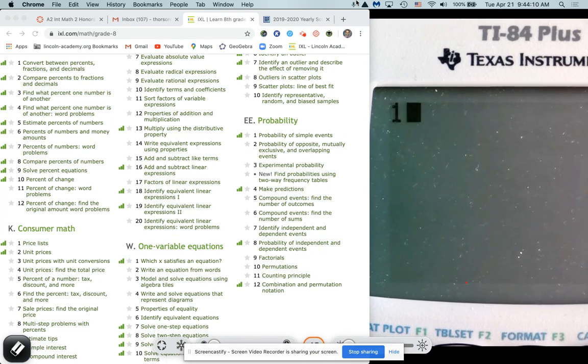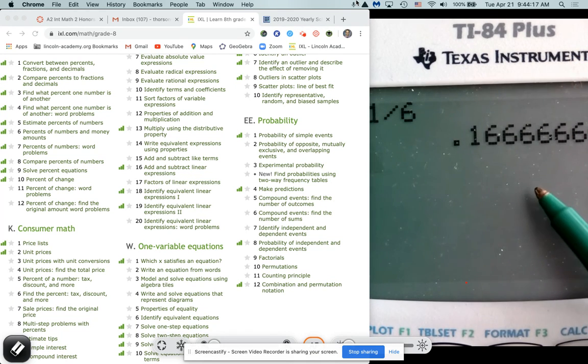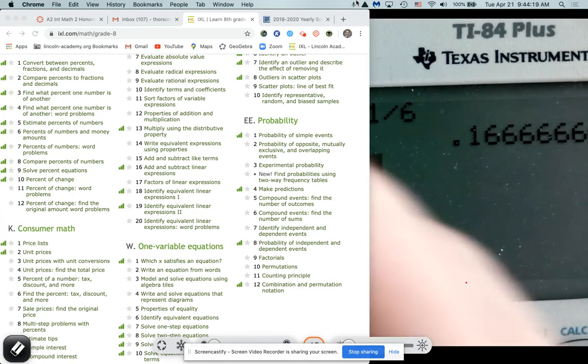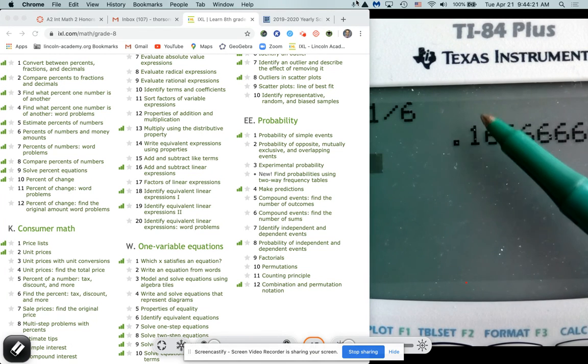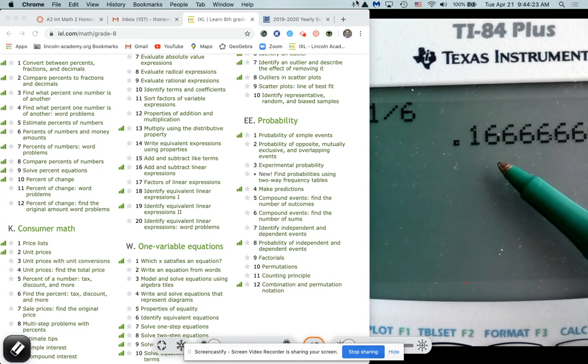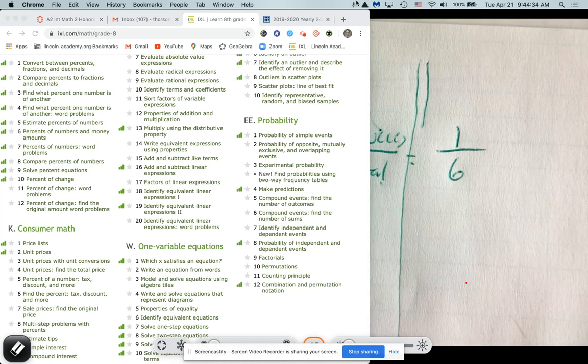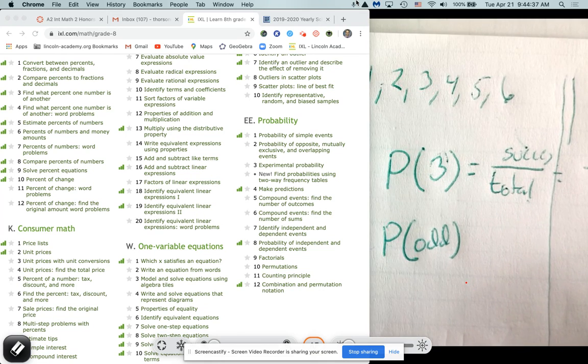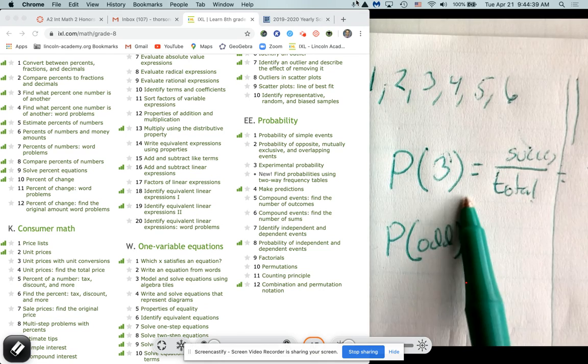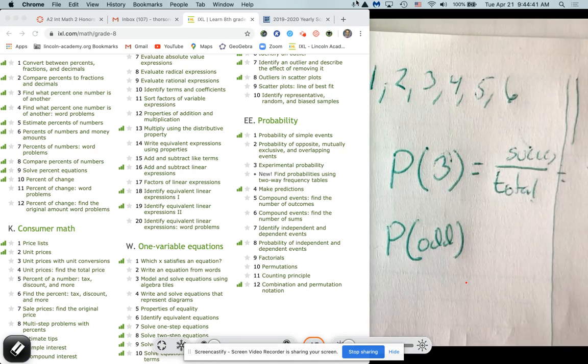So for instance, if I type in 1/6 on my calculator, I get 0.16666, which means that I have a 16% chance or a 16.6% chance, or if I was to round to 1 decimal place, a 16.7% chance.